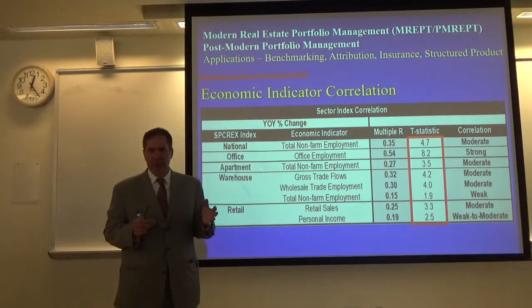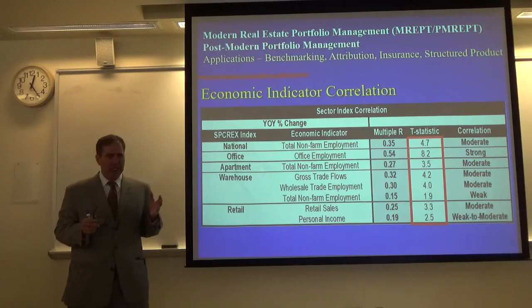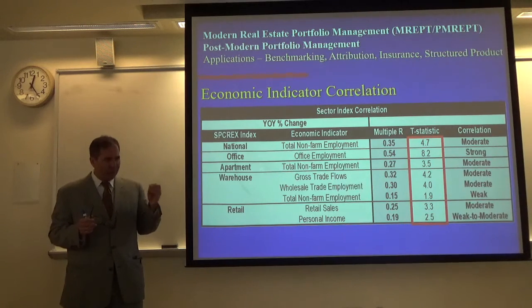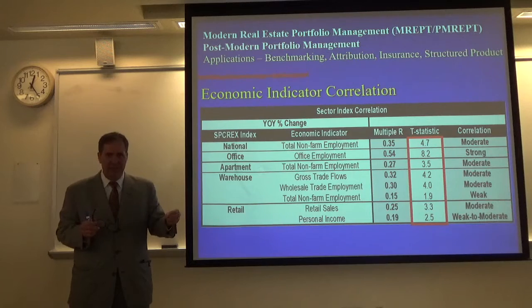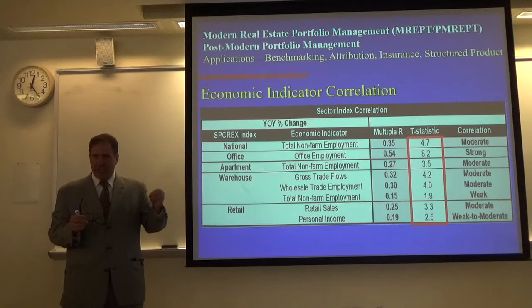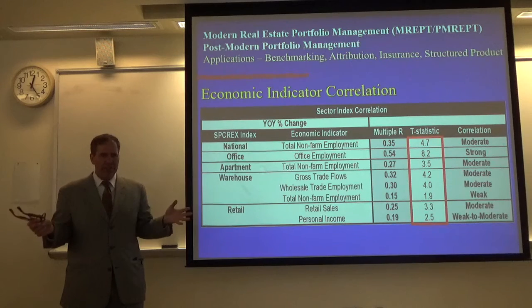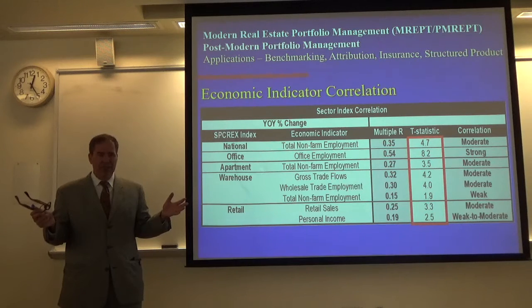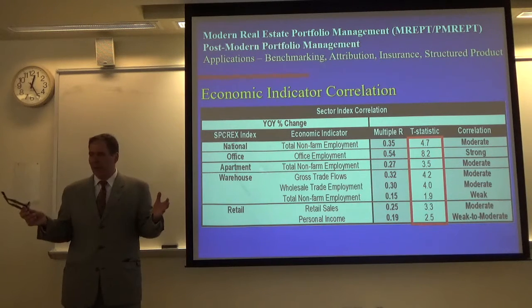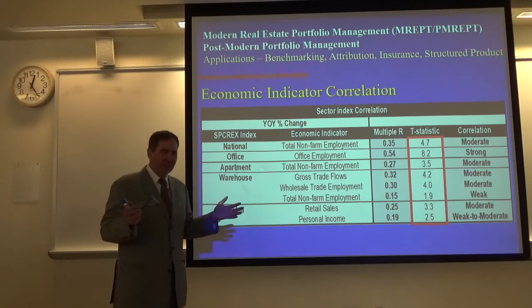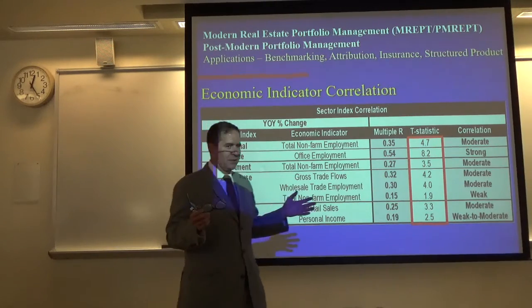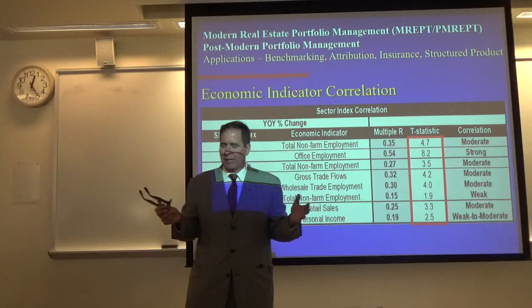Is that important? To build econometric models where you can forecast the index direction? Yeah, because if I can forecast that the index levels are going to go down, then what can I do? If I work for Goldman Sachs and my analysts are saying these real estate indexes are gonna go down, what would be my recommendation?